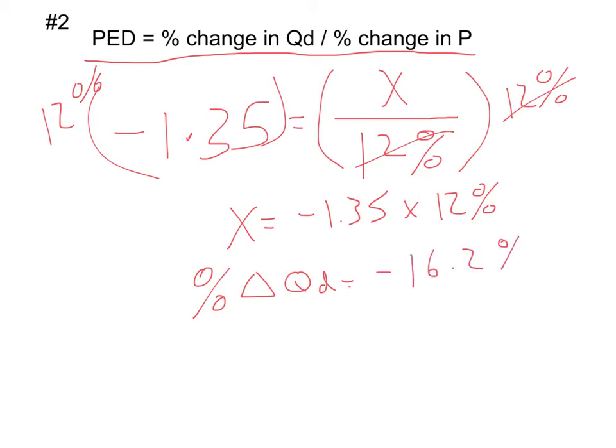So what we're saying here is when the price of the iPhone increases by 12%, we could expect to see quantity demanded go down by 16.2%. All right, and that's that idea that demand has a negative relationship. If price is going up, quantity demanded is going down. If price is going down, quantity demanded is going up.